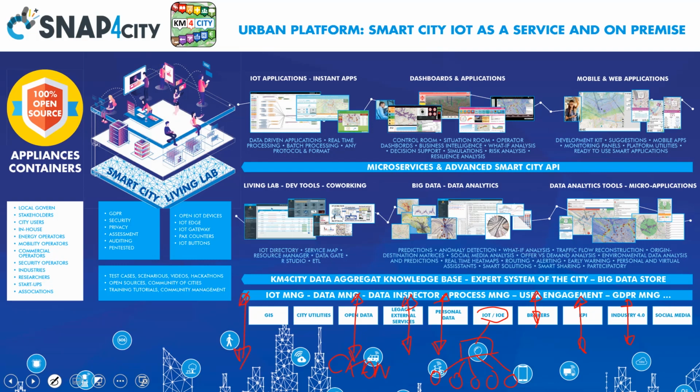KM4City is a multi-domain ontology that allows maintaining a relationship of all the entities that you may have in the city. So the KM4City knowledge base is a sort of expert system of the city that models all the aspects and refers to big data stores.